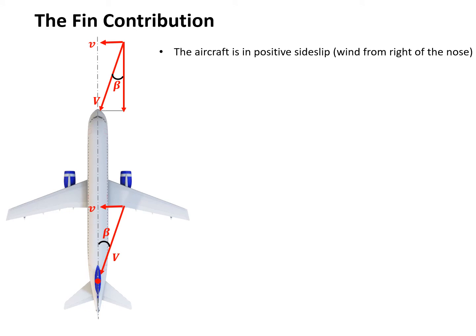So it's translated, and we can see this side slip angle is actually a small angle of attack for the fin, and under this angle of attack, a side force pointing towards the left side is produced on the fin. Okay, so now let's do the derivation.